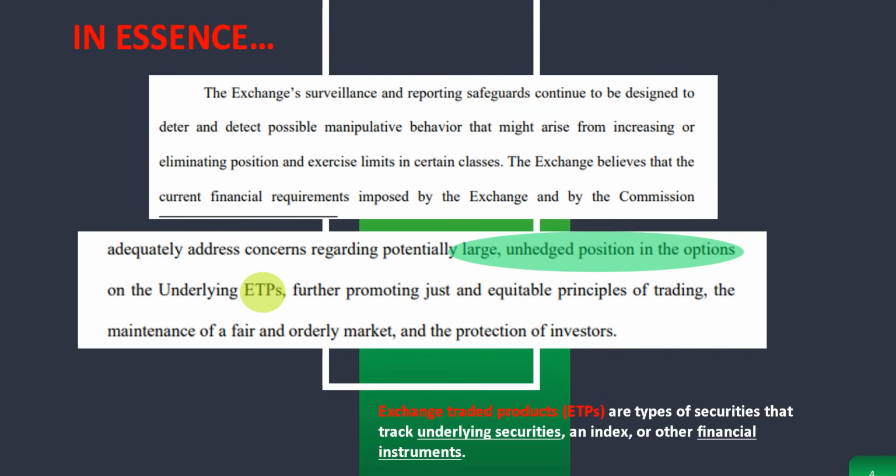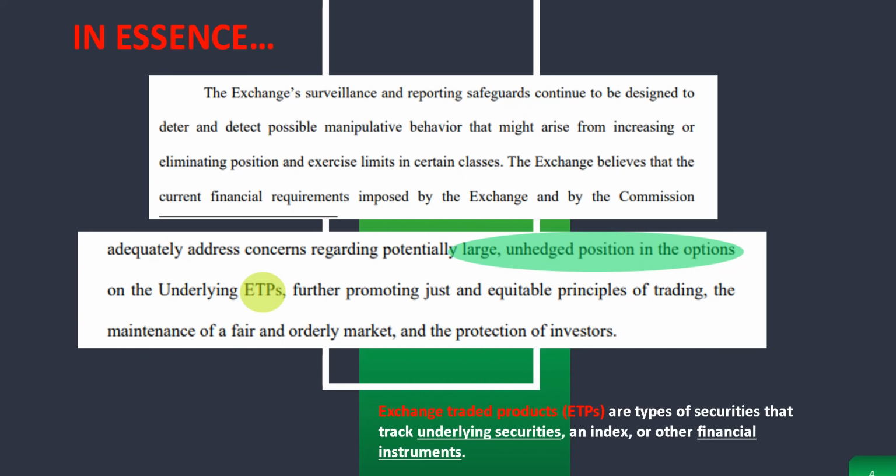So in essence, this is a pretty simple one. It says right here, the exchange's surveillance and reporting safeguards continue to be designed to deter and detect possible manipulative behavior that might arise from increasing or eliminating positions and exercise limits in certain classes. The exchange believes that the current financial requirements imposed by the exchange and by the commission adequately address concerns regarding potentially large, unhedged positions in the options on the underlying ETPs.